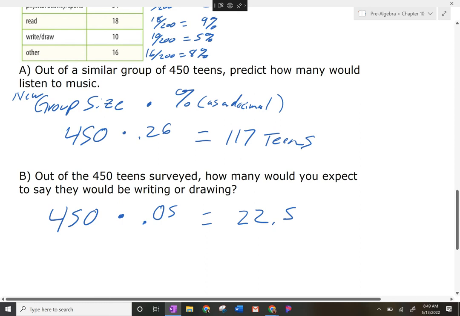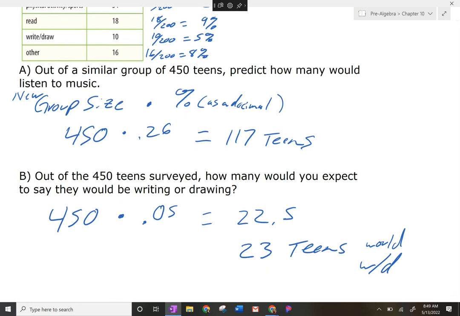So on this one, I'm going to round, for this case, up to the nearest person. So I would expect 23 teens would write or draw. Does that make sense on what we did? Again, we take that new group size times the percentage that we got from that whole entire group.